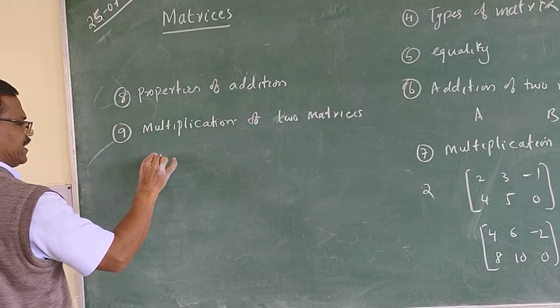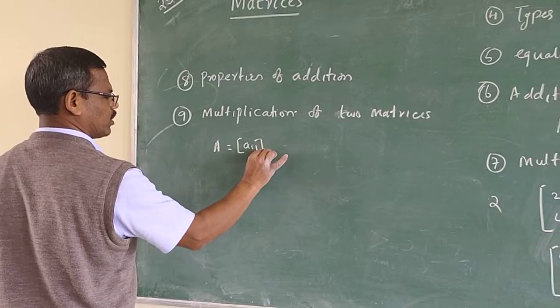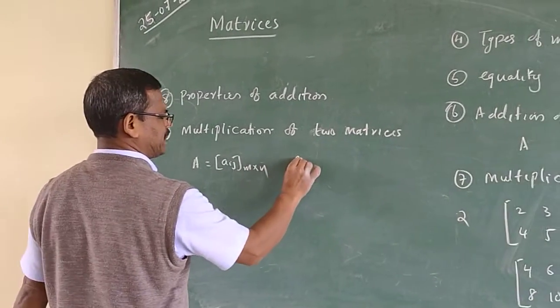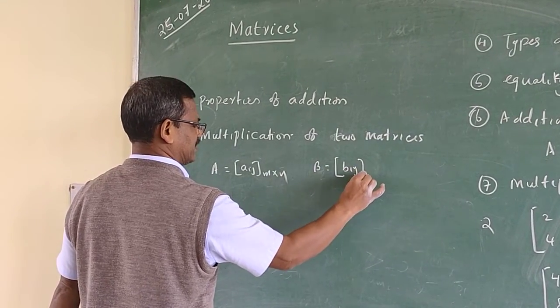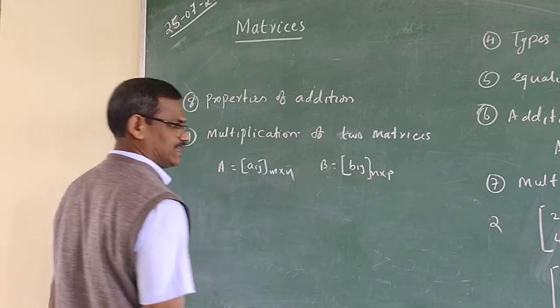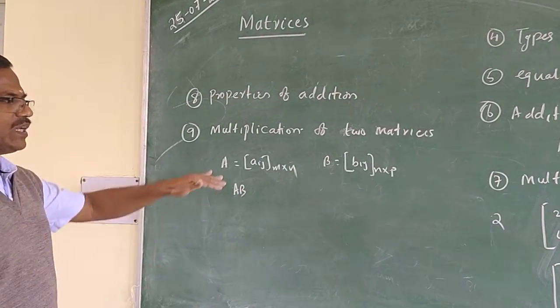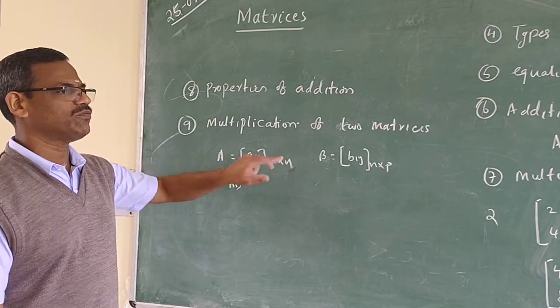Suppose A is a matrix of order m by n, and B is another matrix of order n by p. Then the multiplication is defined. So when we start defining the multiplication, there are some conditions to be followed.